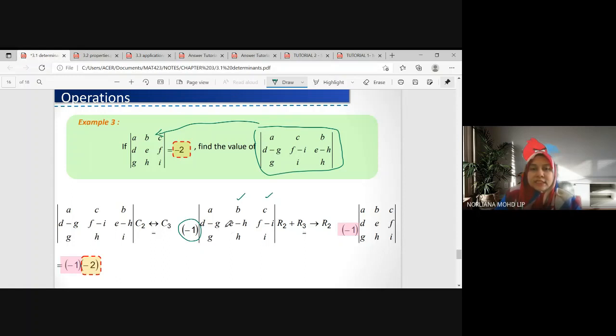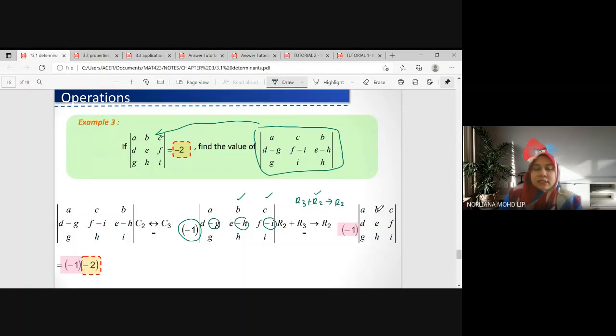Okay, sebab kat sini dia nak eliminate G ni kat sini. G nak eliminate yang ni. So, sepatutnya dia guna apa? R3 plus R2 lah. Transform into R2. Okay, this operation kita tak ada ubah apa-apa kan.